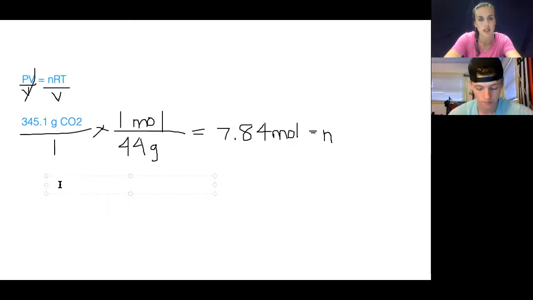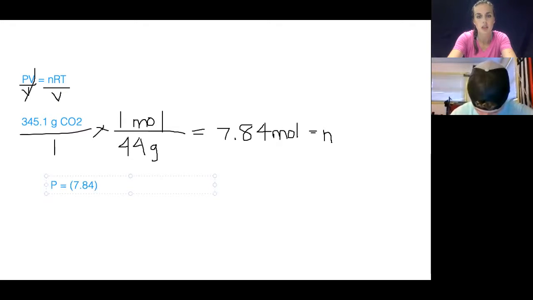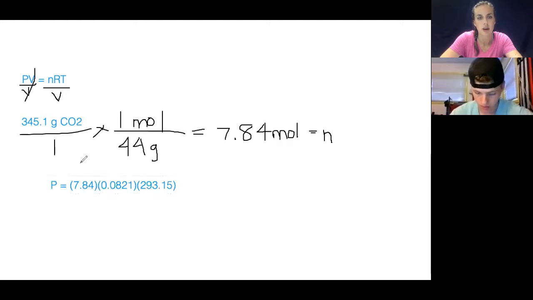Okay, so we're just going to plug it in. So P equals N, which is 7.84, times R, which is 0.0821, times temperature, which was 293.15, and all of that divided by the volume, which was 32.1.